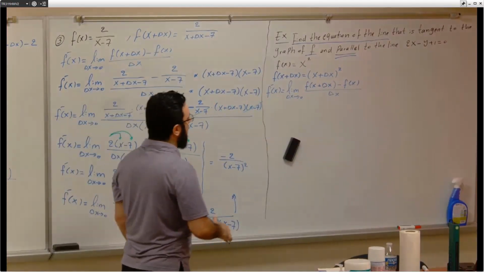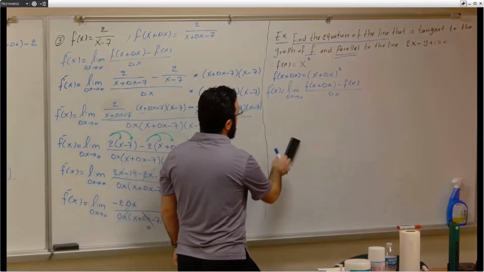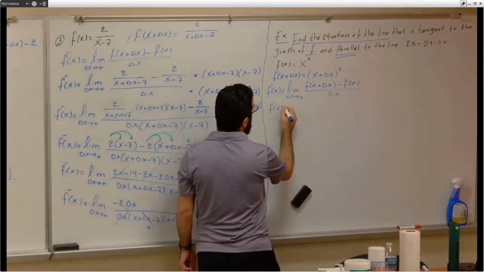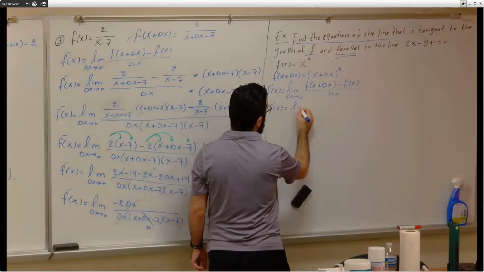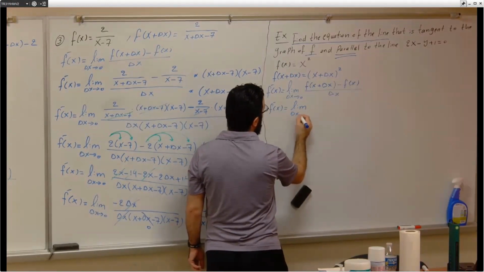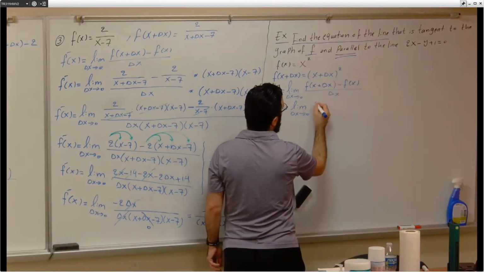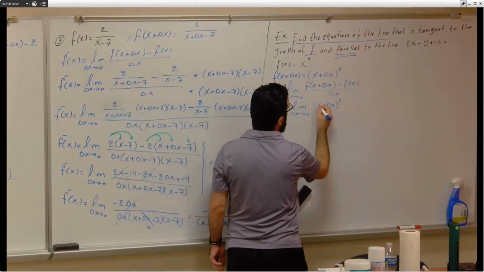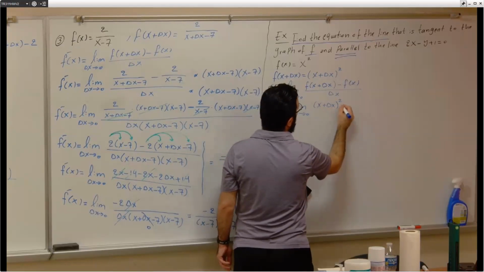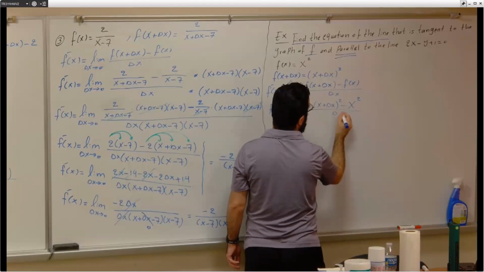Now let's plug in. f prime of x is the limit as delta x approaches 0 of (x plus delta x) squared minus f of x, which is just x squared, and everything divided by delta x.